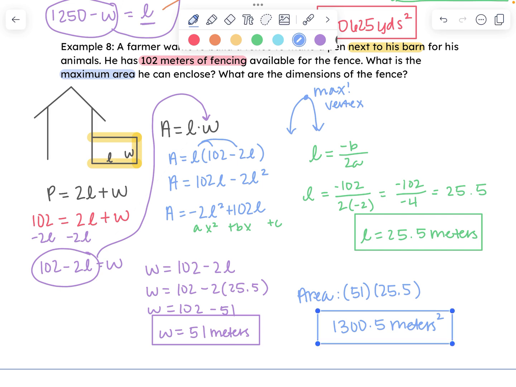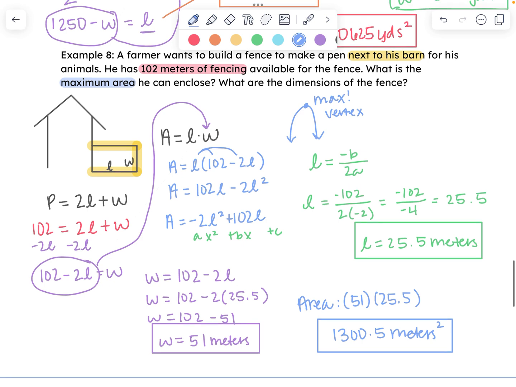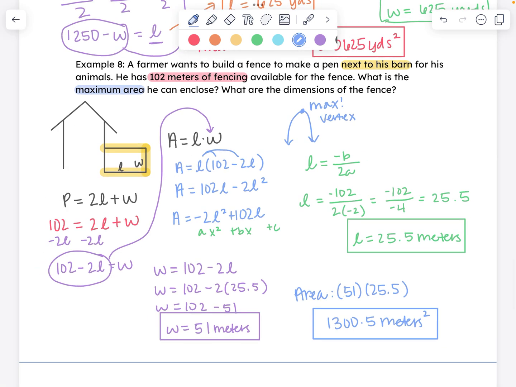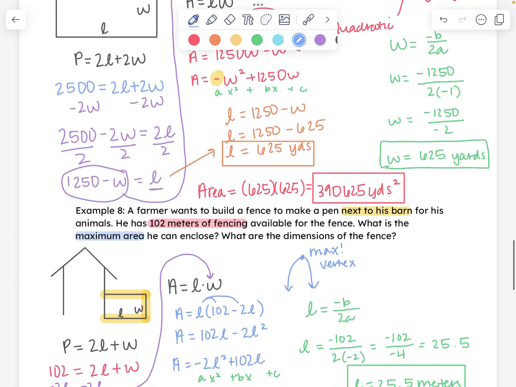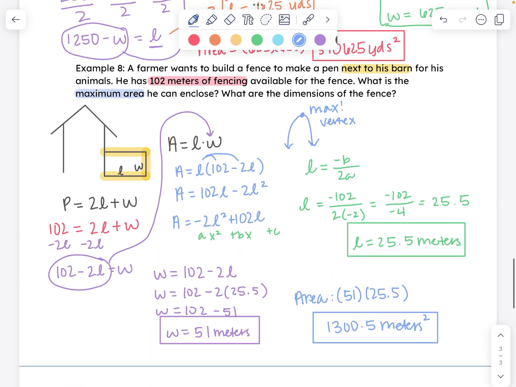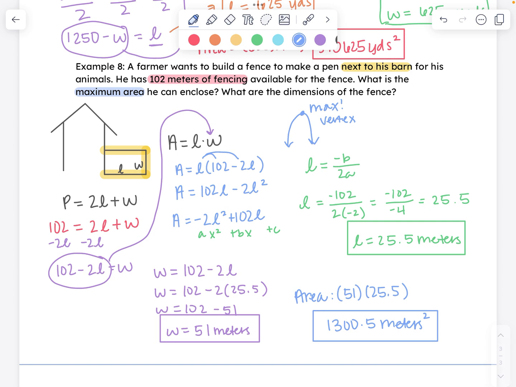So the key here is to make sure you're paying attention to the wording. If you're making the pen next to the barn, or next to a river or something like that, that means you're only going to have 3 sides to the pen, versus up here where you have all 4 sides. And then you've got to remember what you know about quadratics and how to find your vertex, and whether it's a minimum or a maximum, and what you're trying to do here.